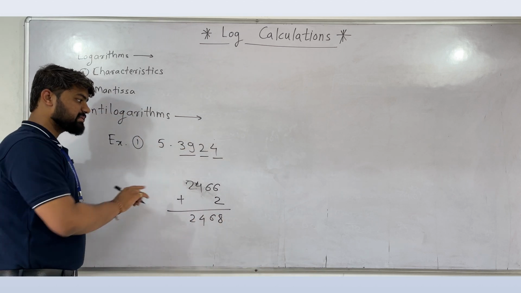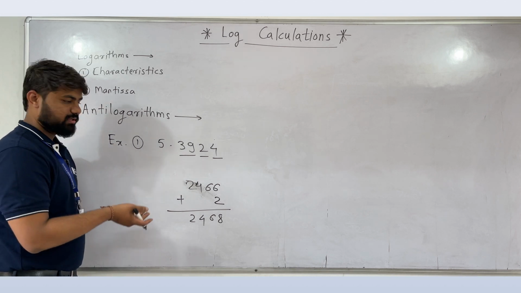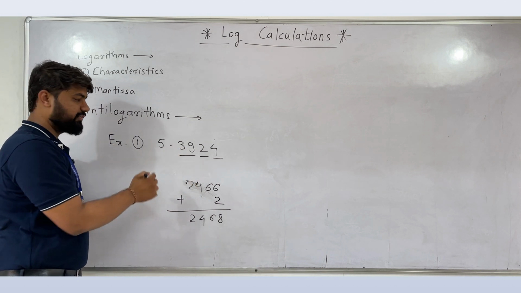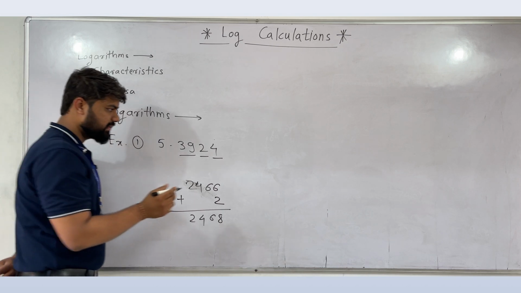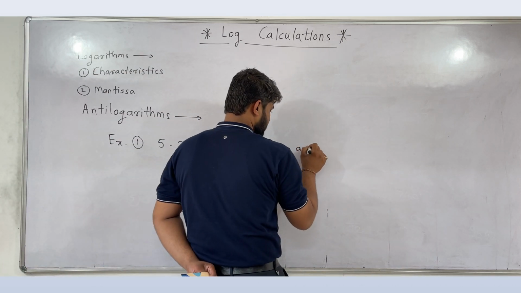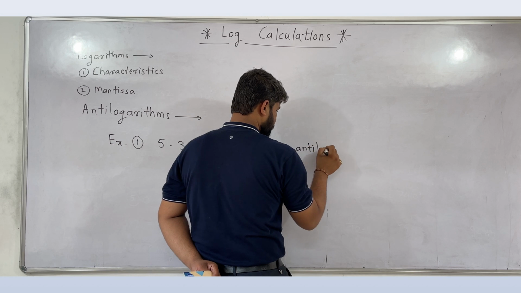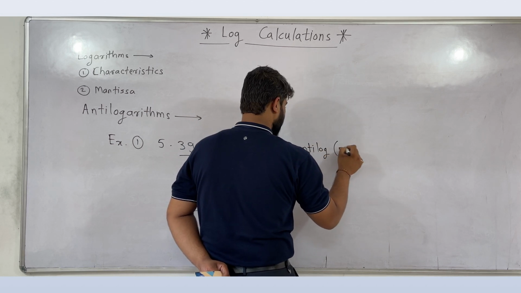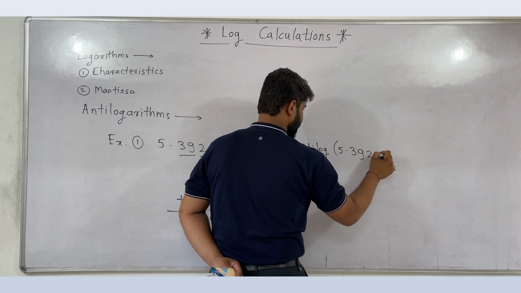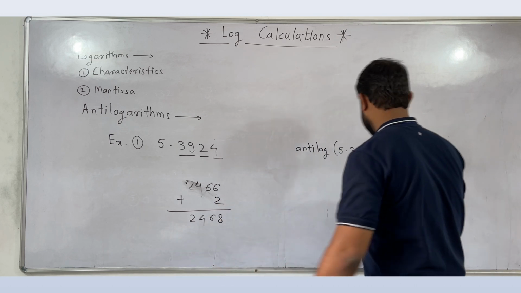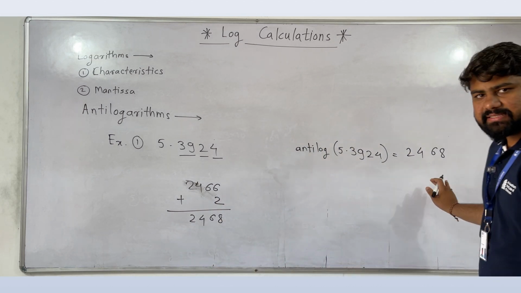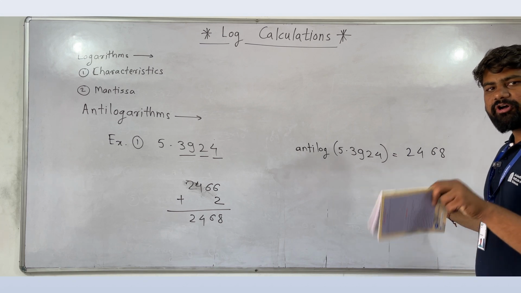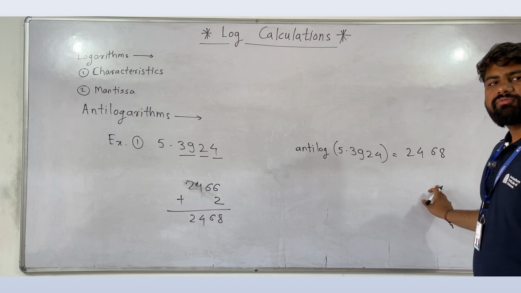Now, this is our final answer, the anti-log of this number, but we haven't discussed the 5. So what do we do about that 5? See, when we write the anti-log of 5.3924, the answer is right in front of us, 2, 4, 6, 8. But we have to write this number in the format of order of magnitude. What is that format?